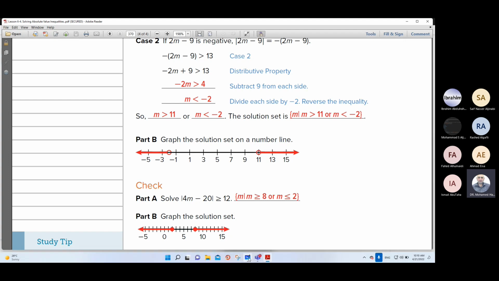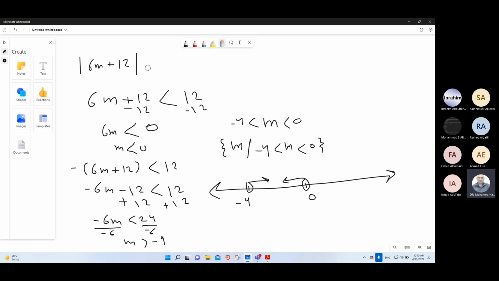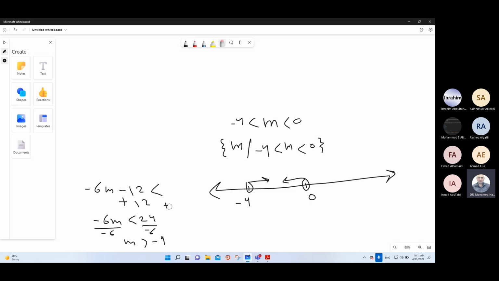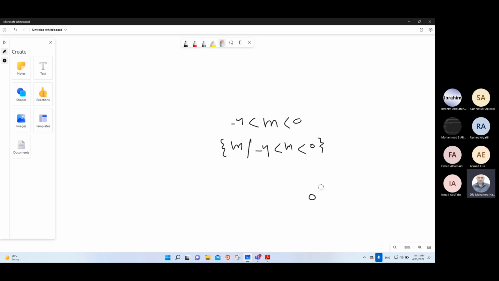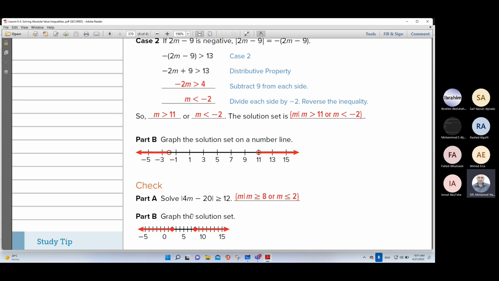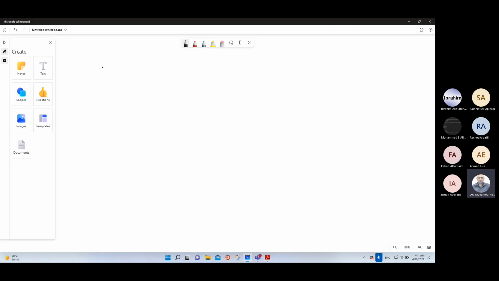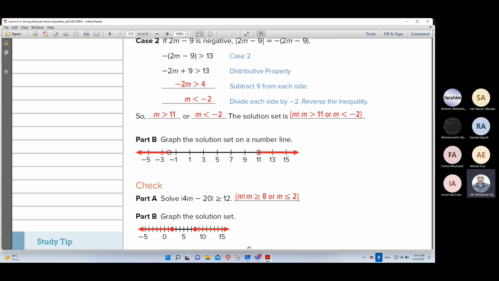For example, we have the absolute value of 4m minus 20 greater than or equal to 12.